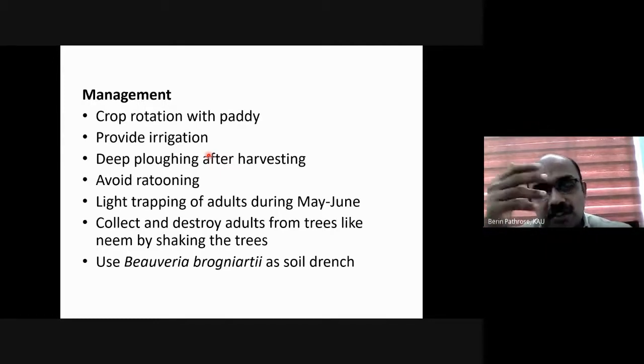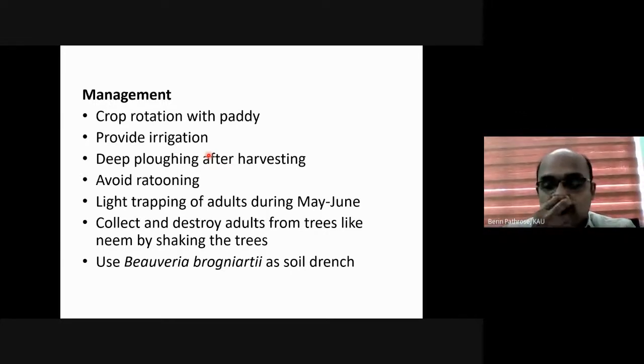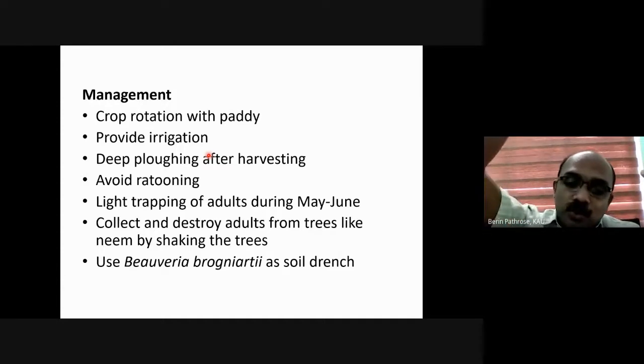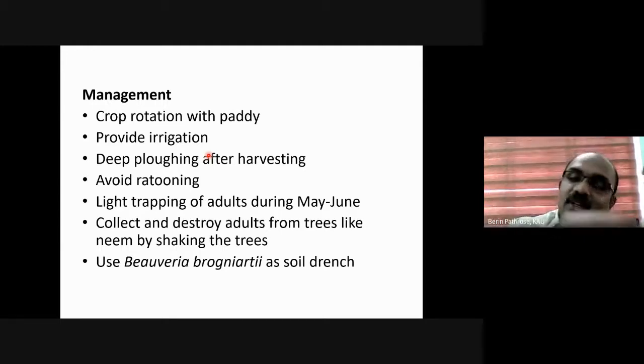What we have experienced is that if you drench some insecticide on the soil, usually we drench the insecticide at the rate of 5 liters per plant. It is roughly enough to wet the soil for hardly 1 inch or 2 inch maximum. So what the root grub will do, it will move deeper into the soil, and escape the toxicity of the pesticide.